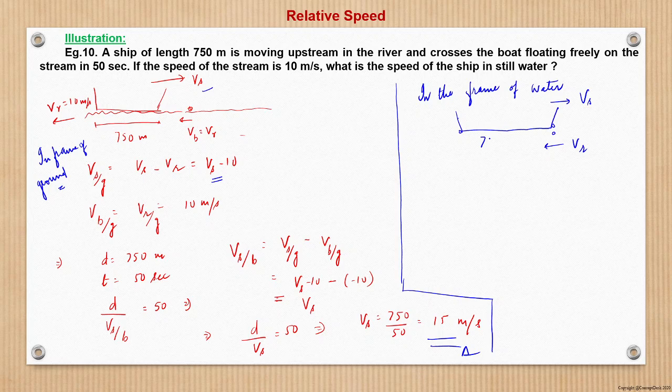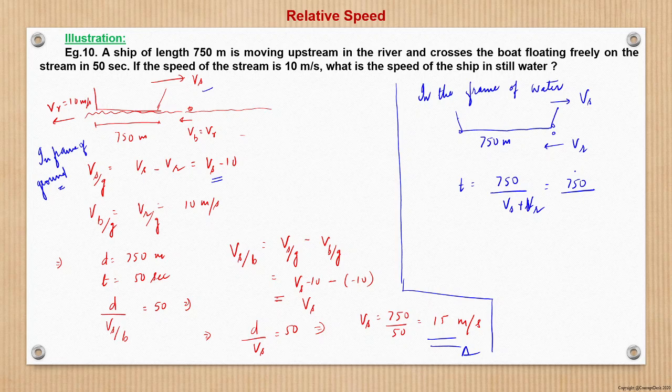The distance to be covered is 750 meter. So the time taken would be 750 upon velocity of, now two objects are moving in opposite directions, so it will be vs plus vr, right? So 750 upon vs minus vr.